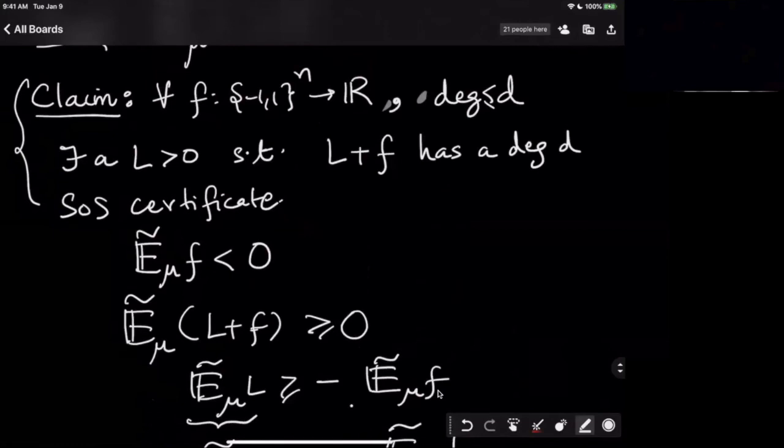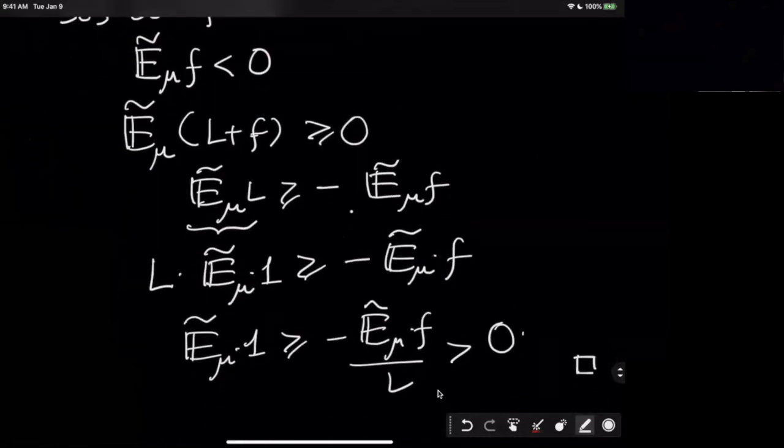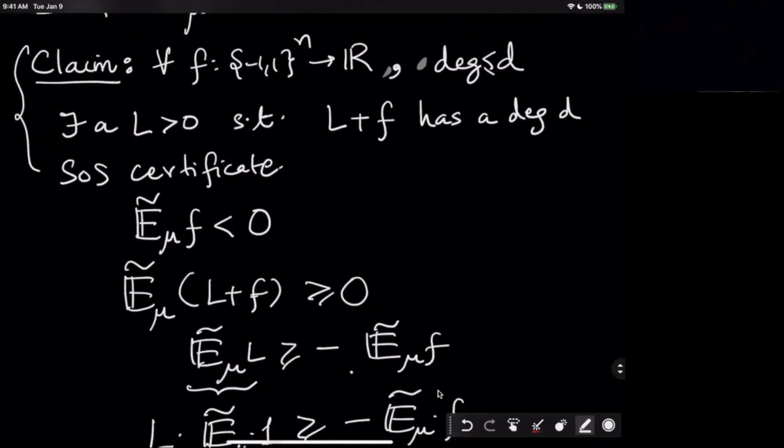Sorry, can you repeat why if f plus L has a degree 2n certificate, then it has a degree D certificate? No, I didn't claim that. Sorry, I guess my informal discussion was a little bit hard to understand. What I was telling you earlier was some intuition for why you should believe this claim even without a proof, even though I am going to prove it now.